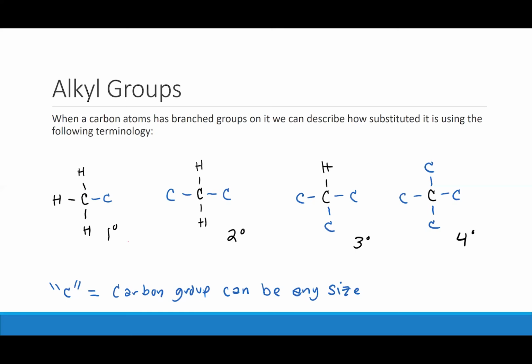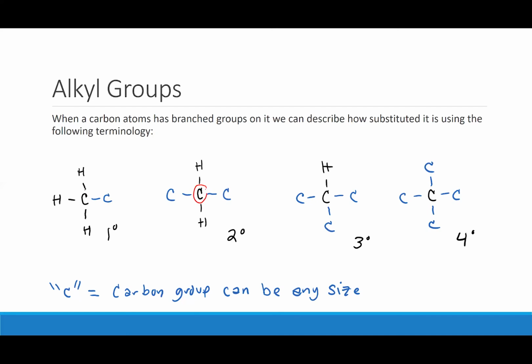Using this primary, secondary, tertiary, and quaternary terminology, we can talk about how many other carbons a carbon of interest has. So in this case, you can see our central carbon has one other carbon attached to it. So it would be a primary carbon.